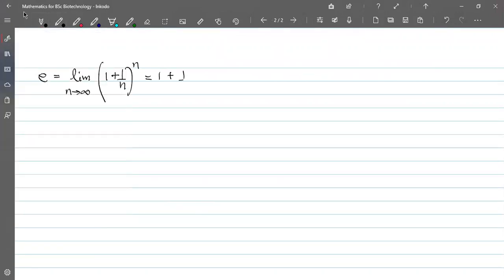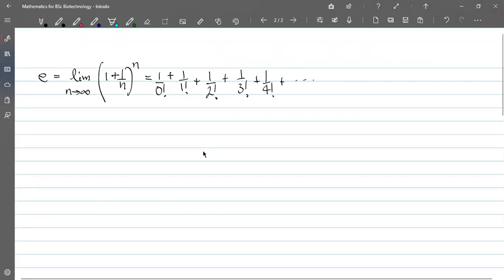And remember, the first term, although I'm writing it as 1, you can also write as 1 by 0 factorial to fit the pattern. Okay, so this is E, and we'll take this as the definition and this series as its value. Now we'd like to define a function using this called the exponential function.